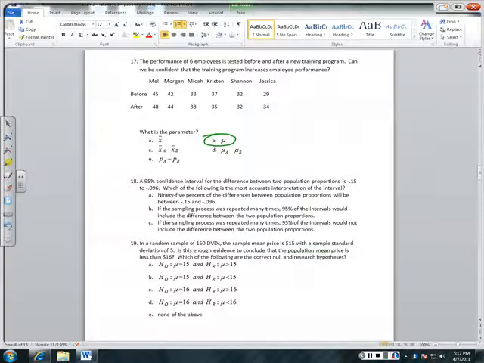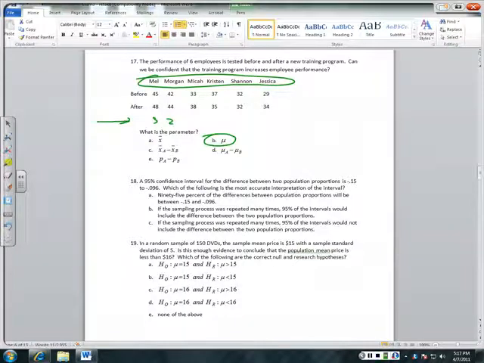This is just one sample. So depending on which way we want to subtract, I would go after minus before, and so on. But the key is that there's just one sample.